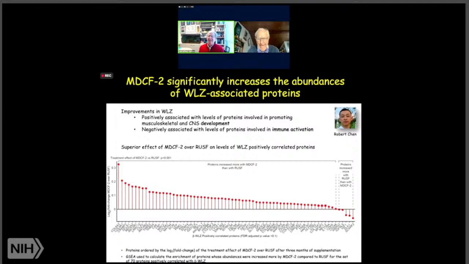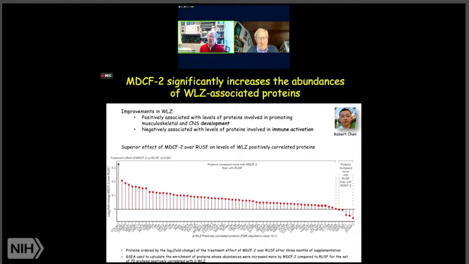They're involved in many aspects of postnatal growth, musculoskeletal development, immune function, CNS development. And in this plot developed by Robert, we're looking at, on the y-axis, the fold change of each of these 70 proteins produced by MDCF2 compared to RUSF.